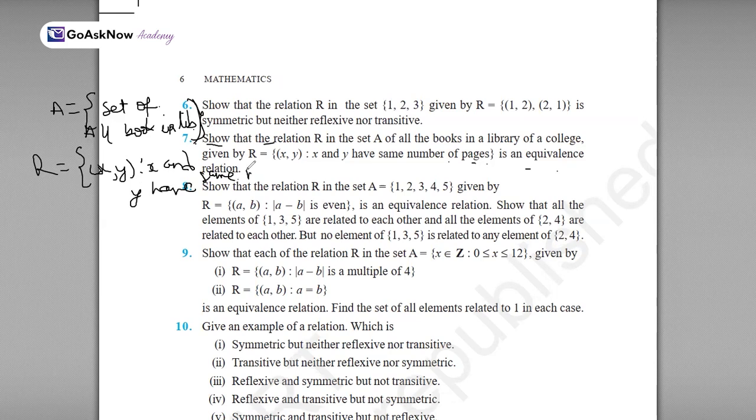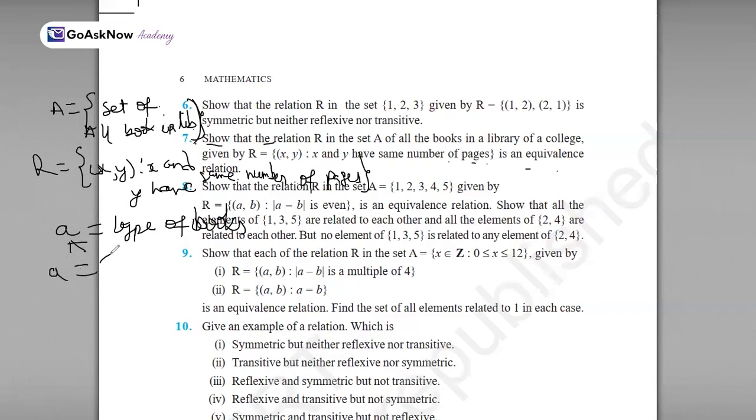So it is obvious that if I take a book and compare it with itself, like I have a book of A type, it contains the same number of pages with itself.